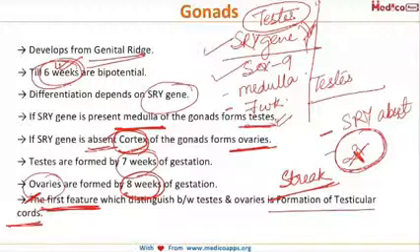Remember this and it will solve all your questions. Likewise, if this Y chromosome is absent, so the SRY gene will be absent, and both the X chromosomes are present, and RSPO1 and WNT4 genes are present, then at 8 weeks of gestation, the cortex of these gonads, they develop into ovaries.